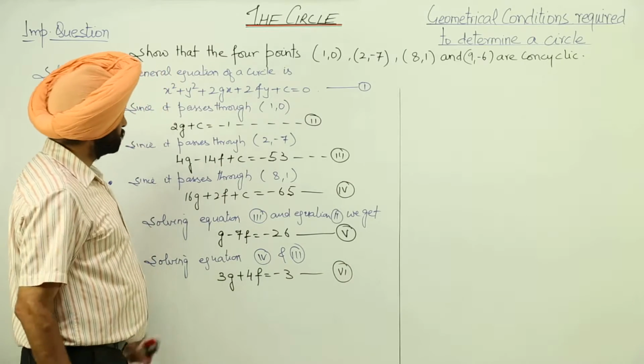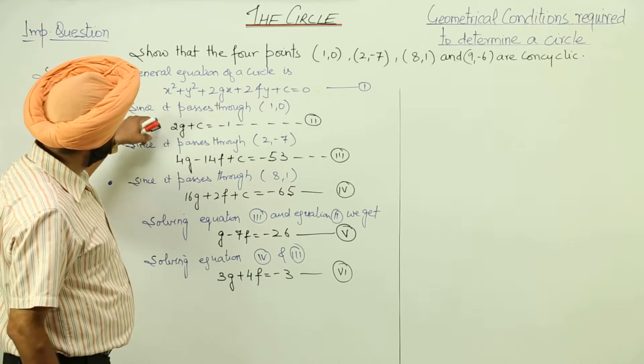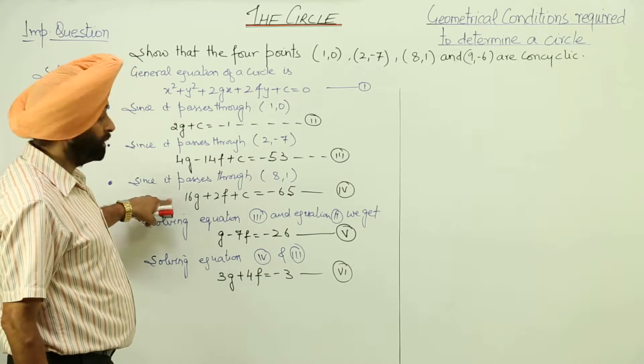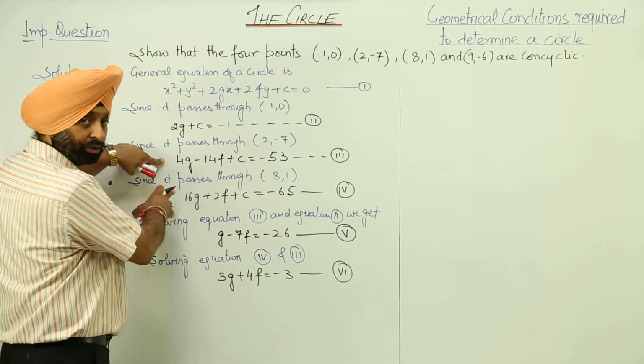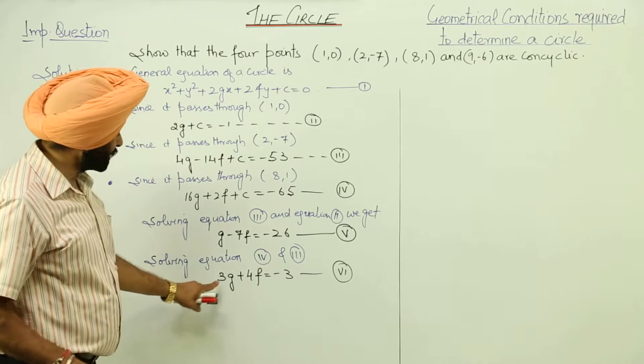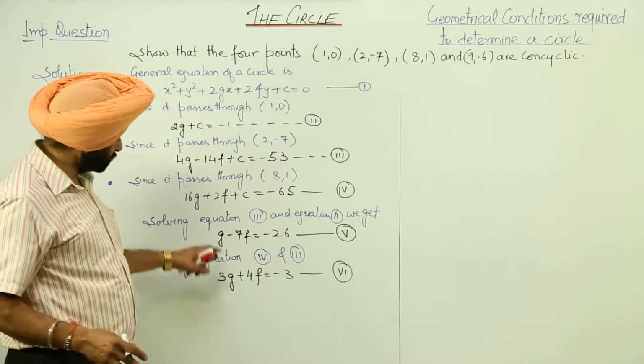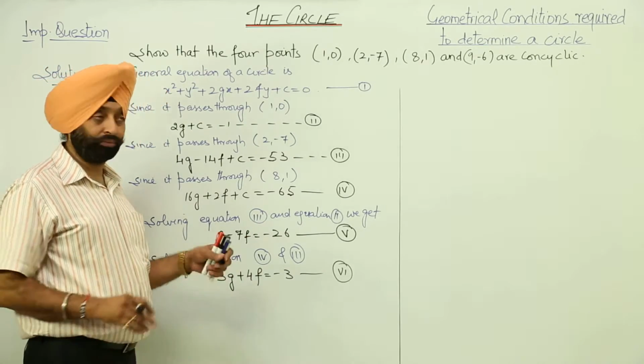Sixth equation. So, from these first 3 equations, we have solved simultaneously 2 equations, first these 2 and then these 2, just to eliminate c, so that we are getting 2 new equations with the variables g and f.